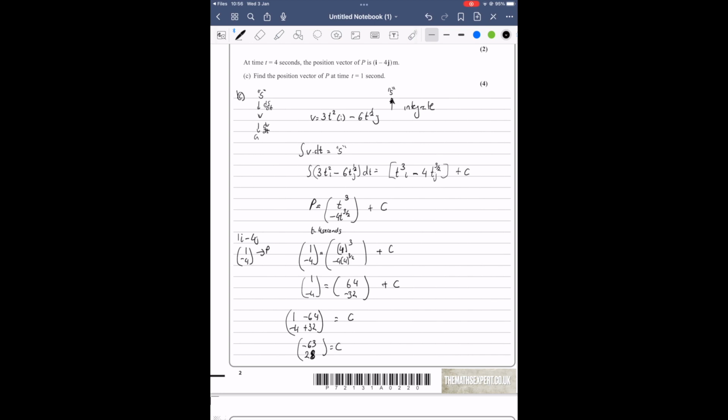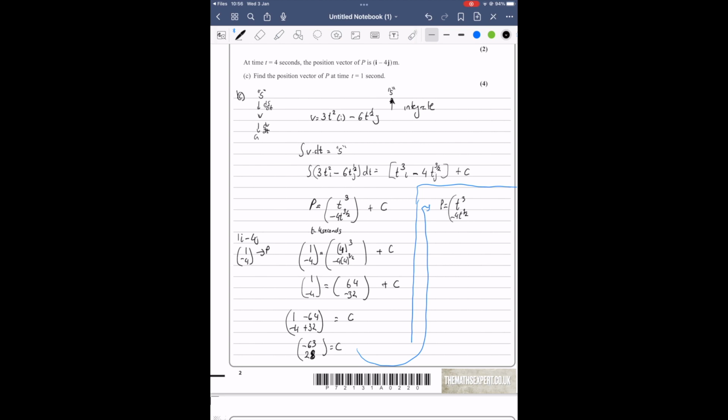Right, but we're not done yet. We've got to put it back into the equation and solve it for 1 second, as they asked for. So I'm going to draw the mucky blue line here, and we're going to carry on working over here. Brilliant, guys. Now, what are we going to do? So, P equals t cubed minus 4t to the 3 over 2.